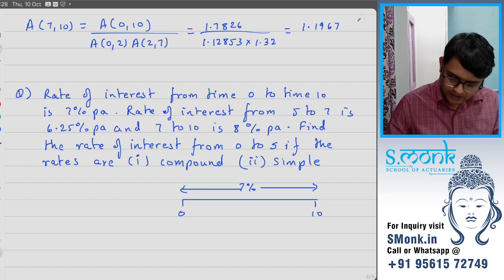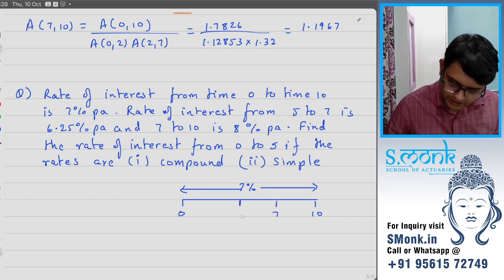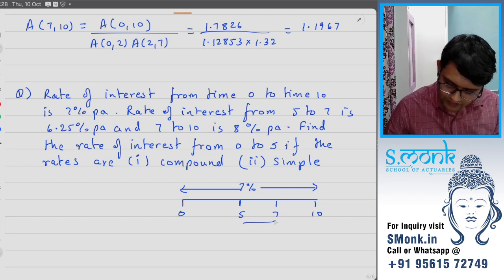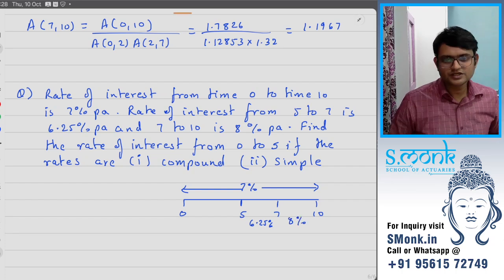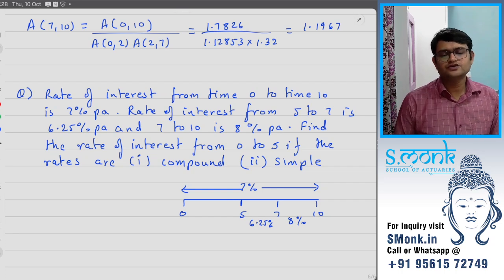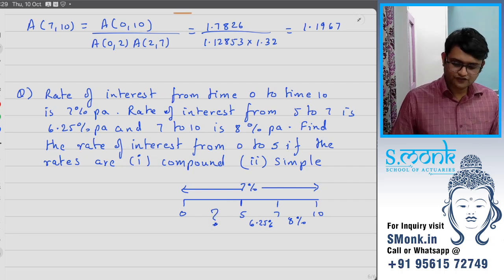Okay, and then 0 to 5 is what we have to find. 5 to 7 is given, 5 to 7 is 6.25%, and then 7 to 10 is 8%. These are the rates of interest given. We have to find this 0 to 5.